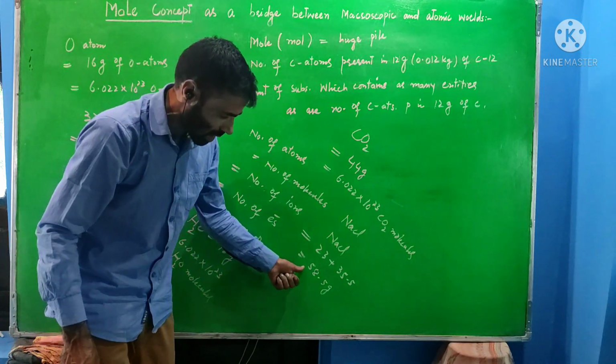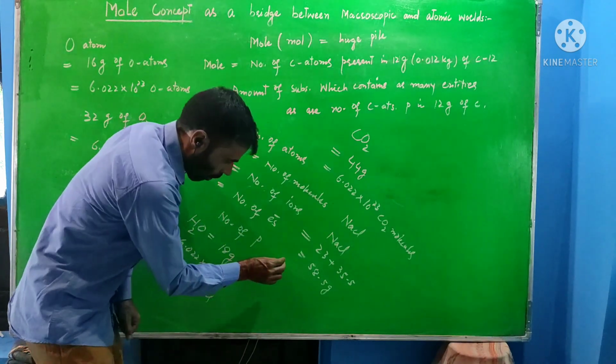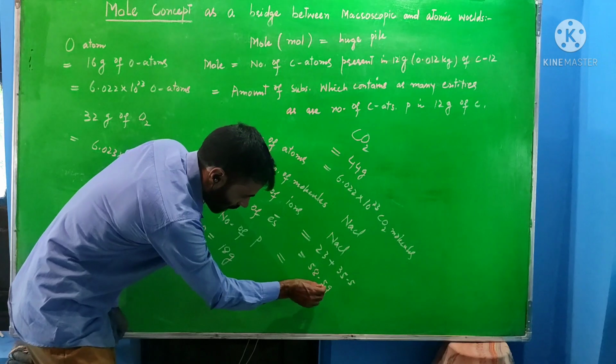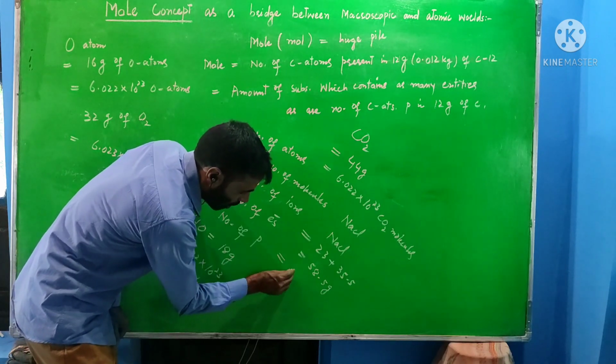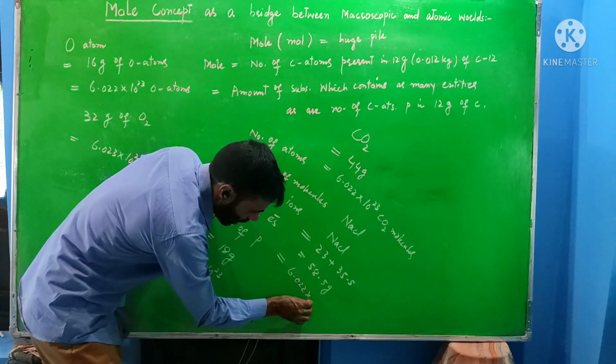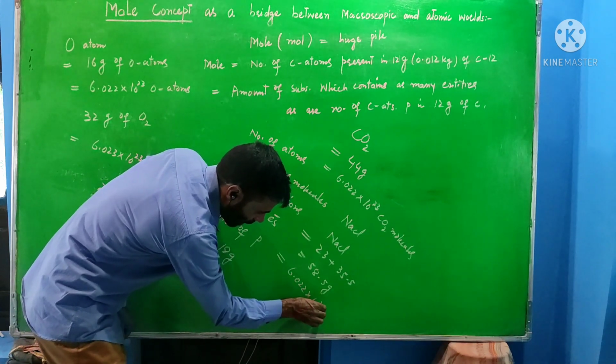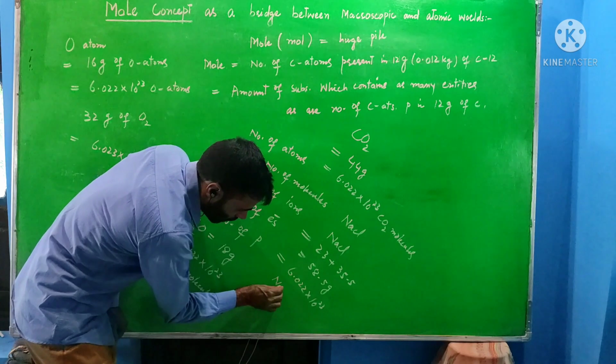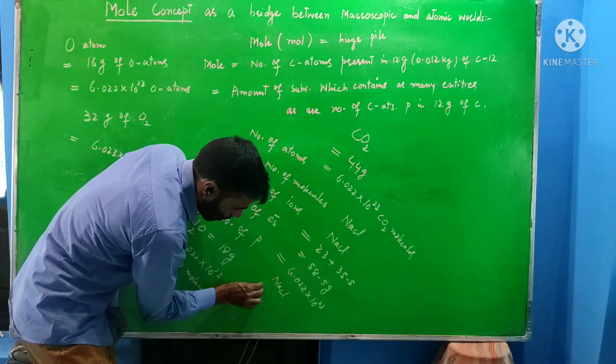Within this mass, there will be 6.022 into 10 raised to the power 23 sodium chloride formula units.